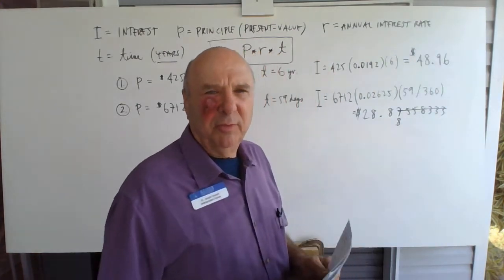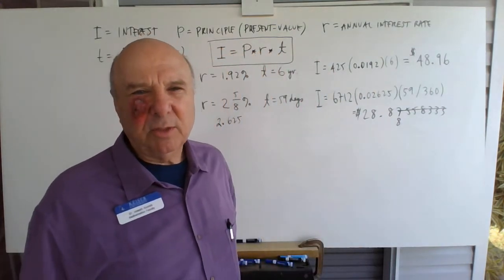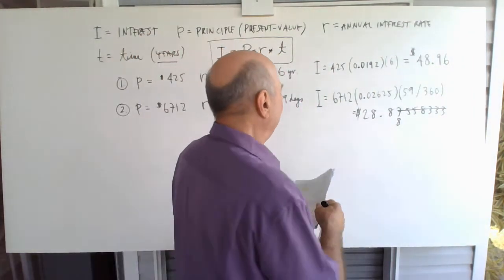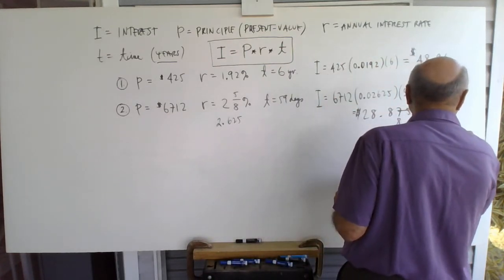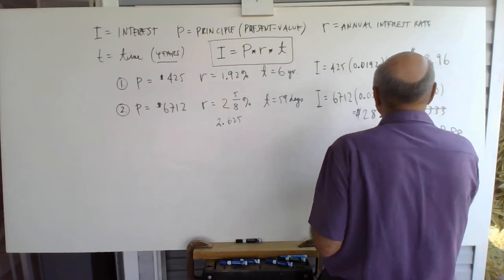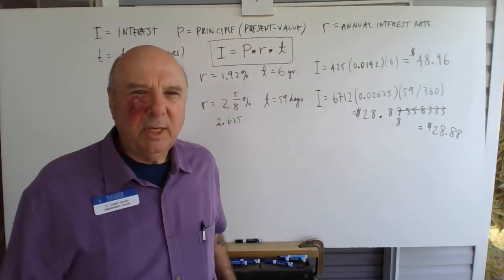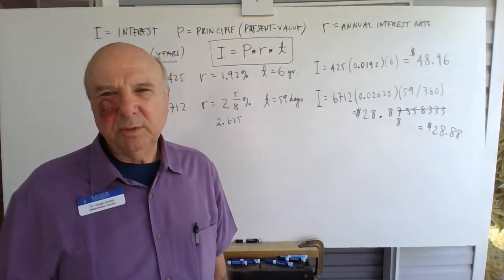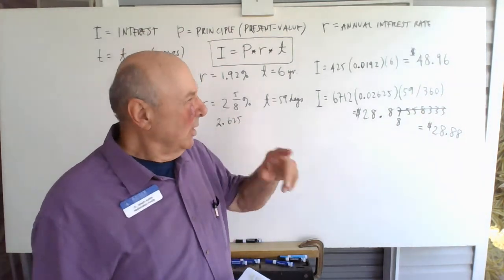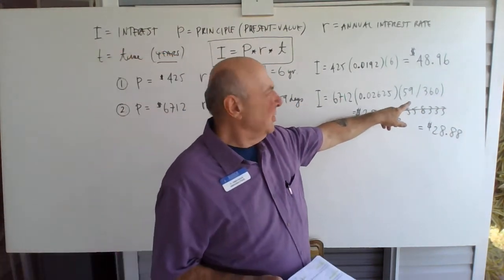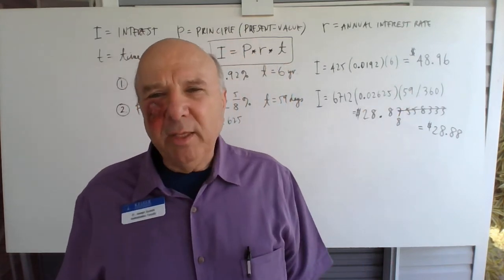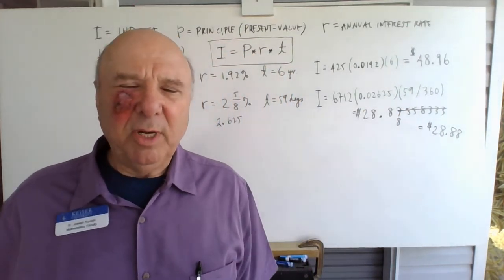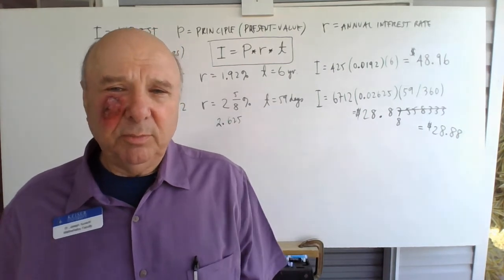So the 5 makes the 7 into an 8. So $28.88 will be the interest. Notice once again that for the time in years, it's 59 parts out of 360. 59 days is 59 divided by 360 years. That's the banker's rule.